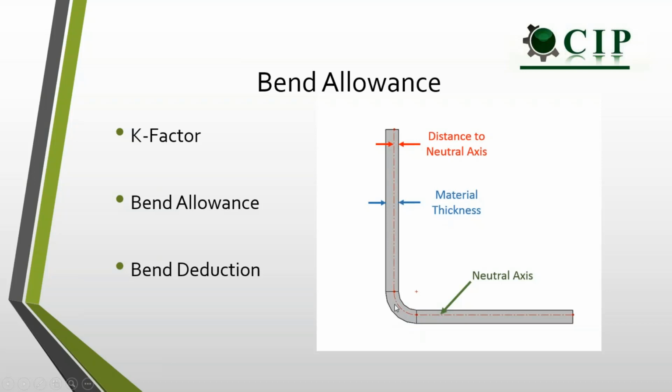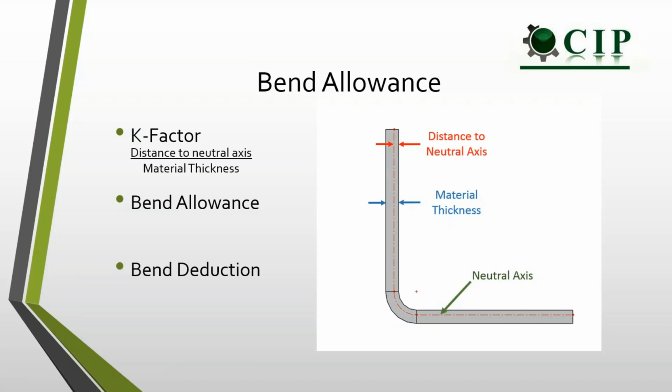So somewhere along there is a line that represents material that's neither compressing nor expanding, and we call that the neutral axis. And we can use that information to get exact or really close measurements on the actual length of the flat pattern and then of the bended part as well.